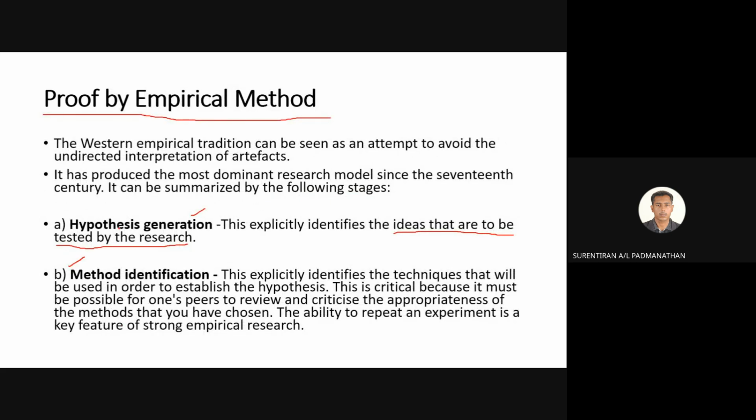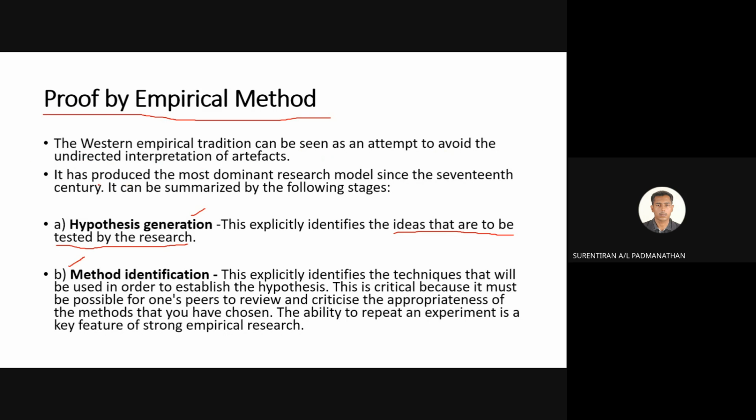So another method is proof by empirical method, the Western empirical tradition. This is what we actually use for research purposes. The Western empirical tradition can be seen as an attempt to avoid the undirected interpretation of artifacts.